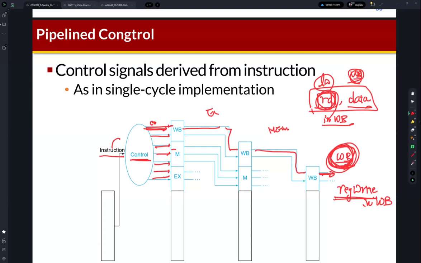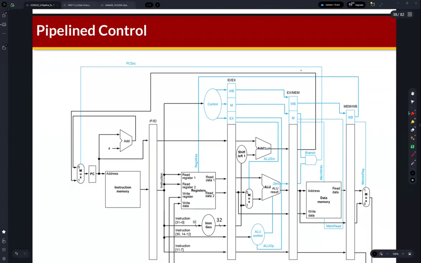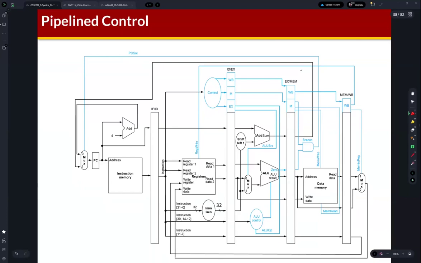Which means we need to use the reg write signal in the write back stage. Do you understand? So reg write needs to be propagated to the write back stage. This is the rule. Also the timing of the control signals needs to be aligned. Okay, let's see how the control signals are connected.